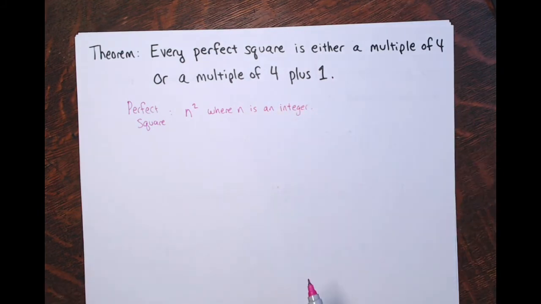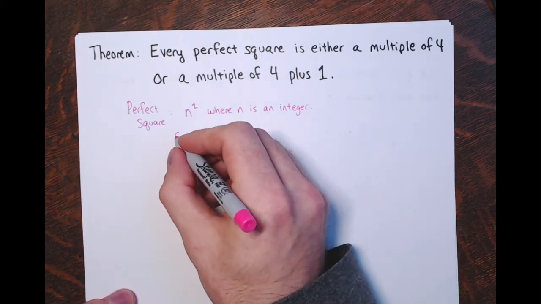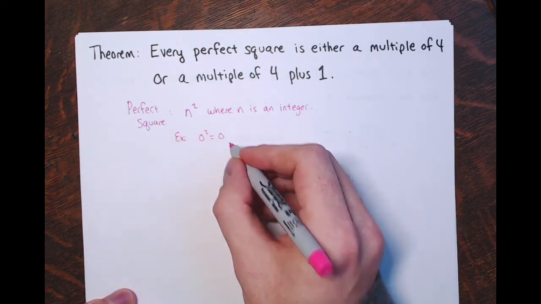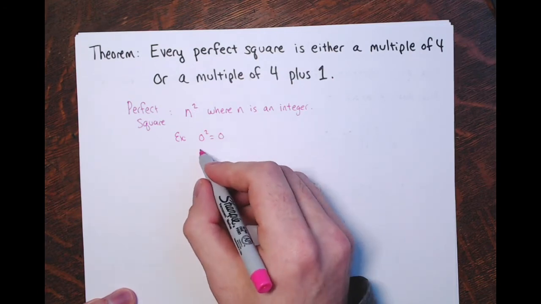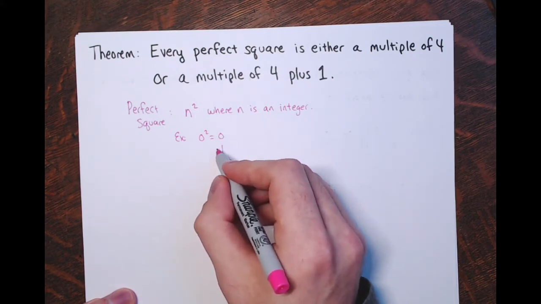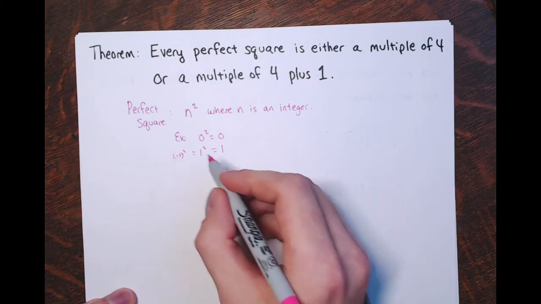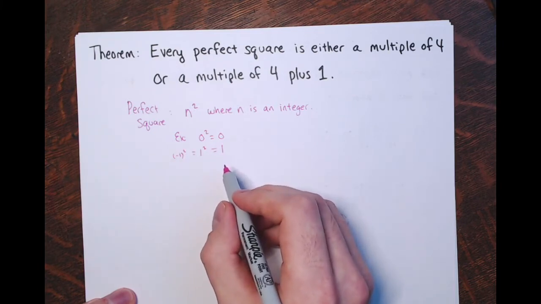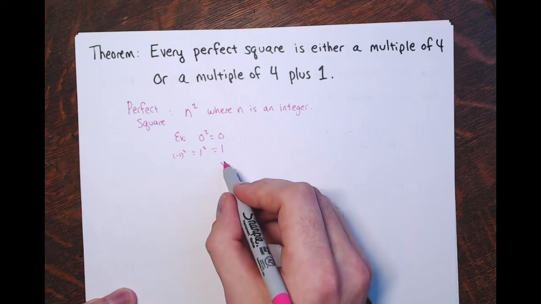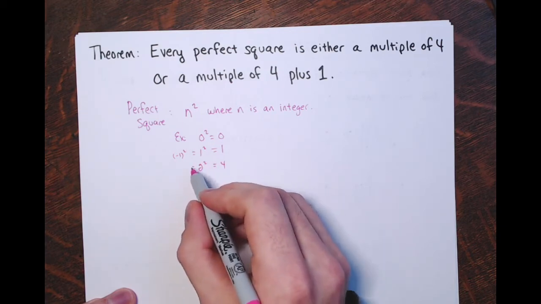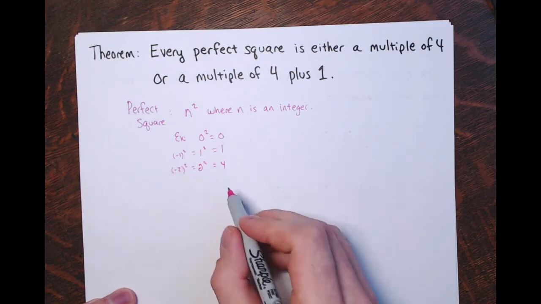Examples of perfect squares: 0 squared is 0, so 0 is a perfect square. 1 is a perfect square because that's 1 squared, or negative 1 squared. It's an integer squared. 4 is a perfect square because you can express that as 2 squared or negative 2 squared, some integer squared, and so on.